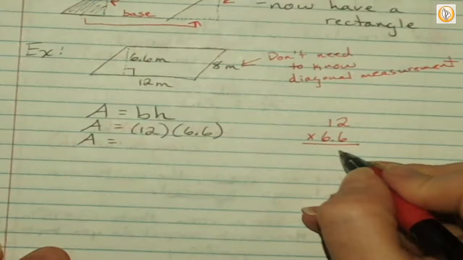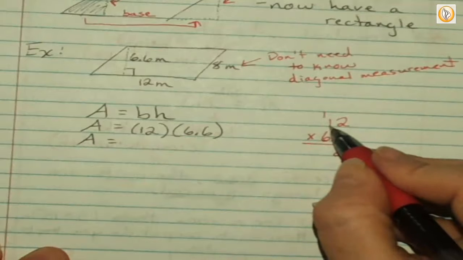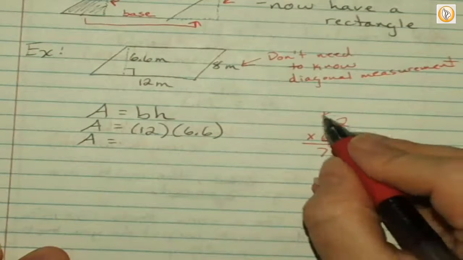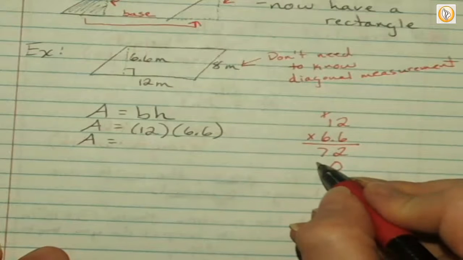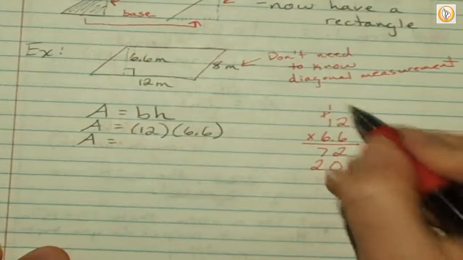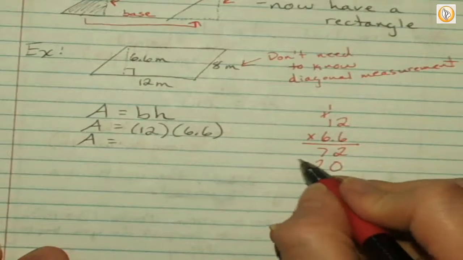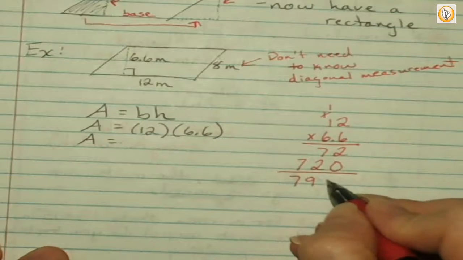Everyone? 6 times 1 plus 1. Write down my 0. 6 times 2 is? 6 times 1 plus 1. I get 7, 9, 2.